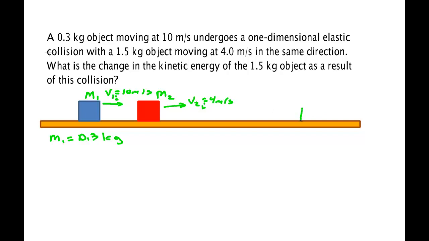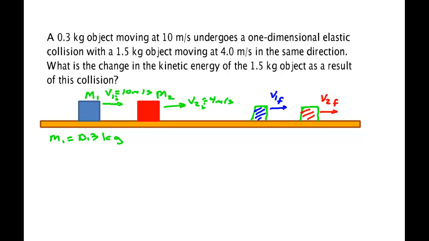And then after that, I'm going to have the two blocks again. Let me change colors of the pen. So the blue block here is going to be going at some new velocity, V1F, and the red block is going to be going at some new velocity, V2F.